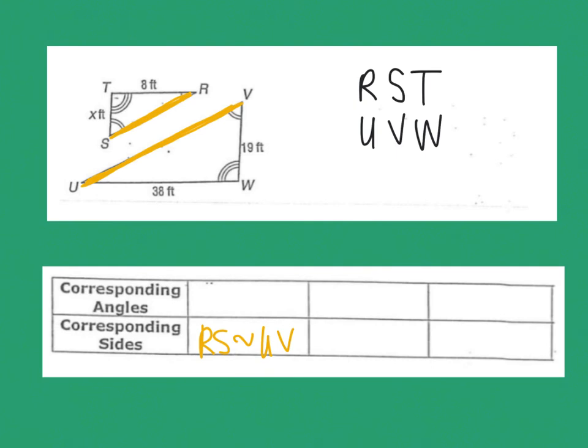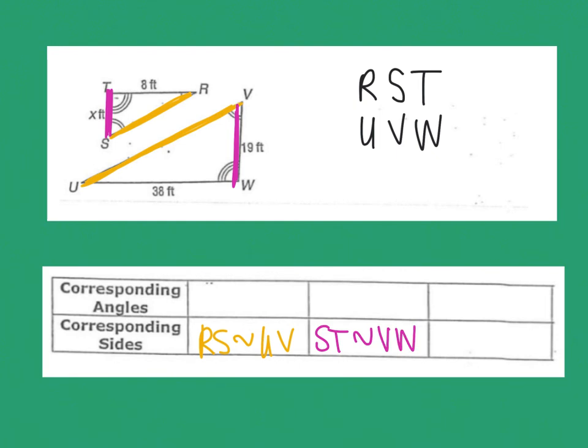Then my next 2 letters, S and T, second and third letter, they're similar to V and W, which is the second and third letter in the big triangle.